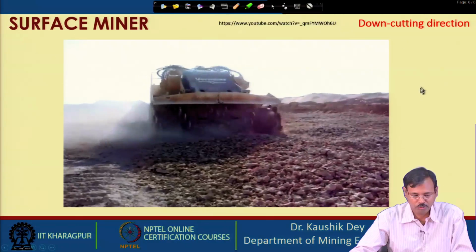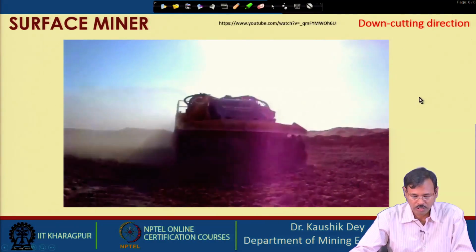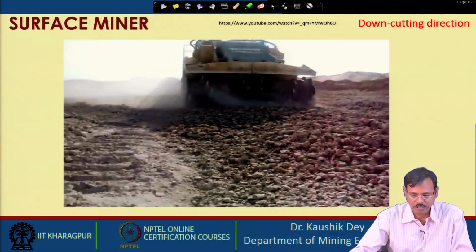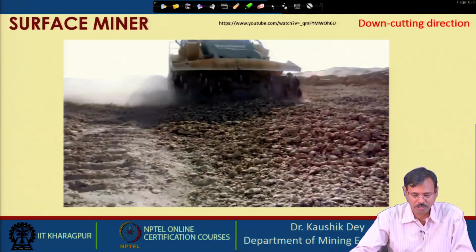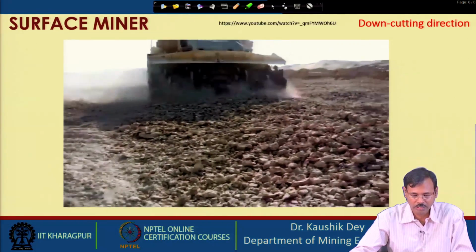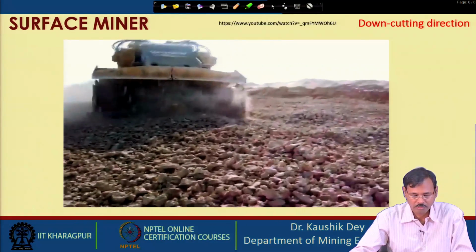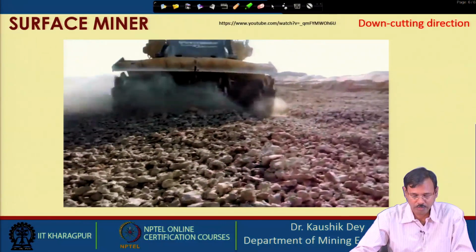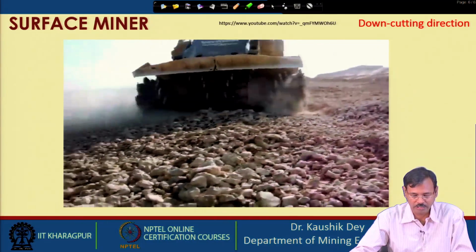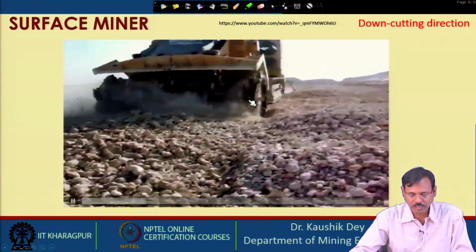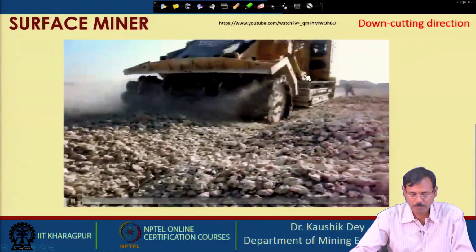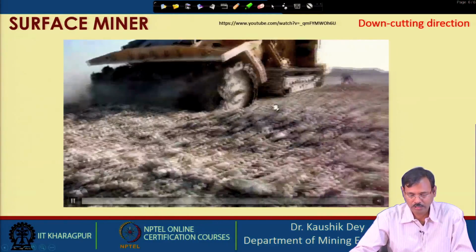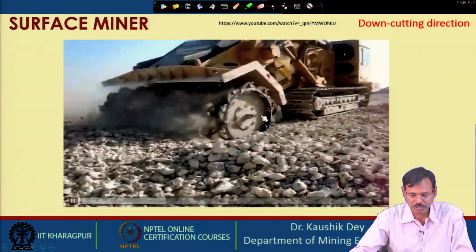So, let us watch videos of this. This is the YouTube link for this video, and this is the cutting drum placed in front of the machine or rear of the machine, and the material is being excavated like this. As the crawlers are moving, the material is being cut in the down cutting direction by this drum.